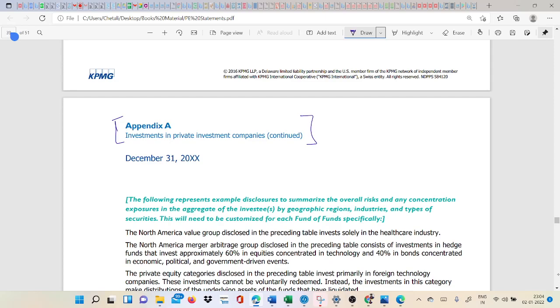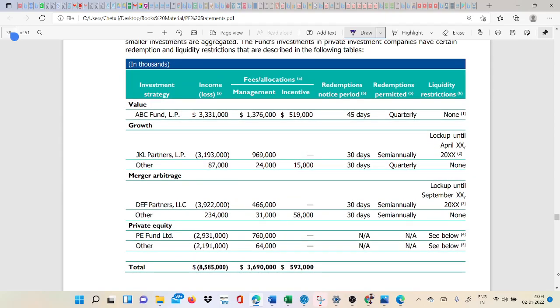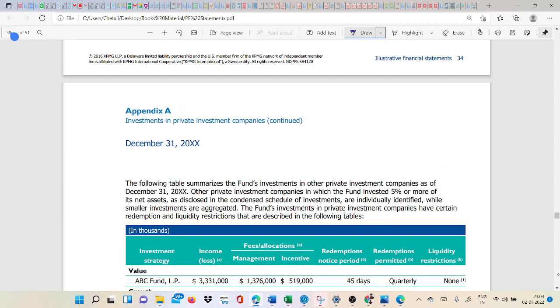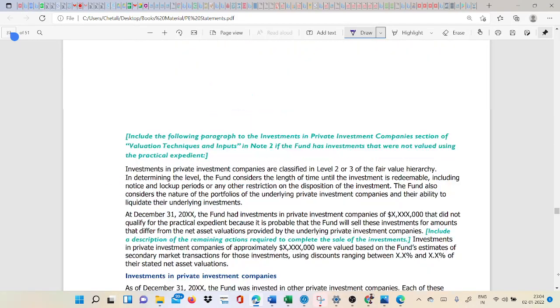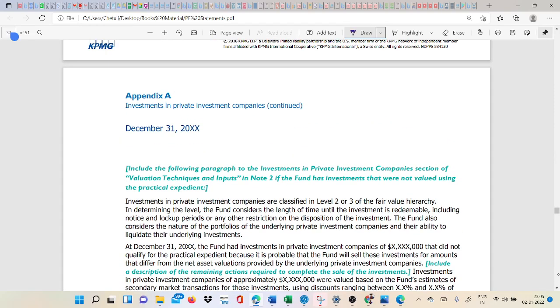And this is for this fund, a Delaware Limited Liability Partnership from the US. Read this, and this one also. Try to read the appendix part, because more input or insight you can find here only.